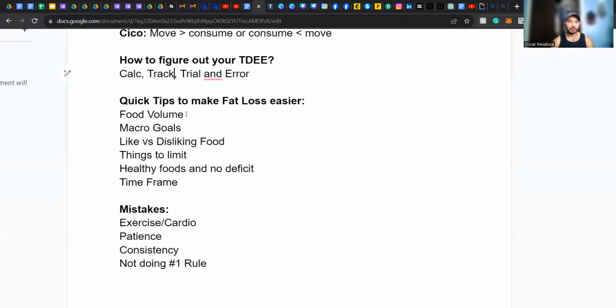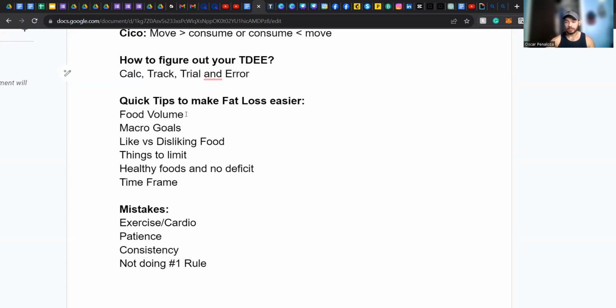Generally, we want to avoid overly processed foods. Anything that comes in a package, in a bag, we tend to want to stay away from that. Things like chips, things like sodas. Instead, let's go for the alternatives that are not overly processed. So instead of eating a bag of potato chips, just make the potato chips at home.